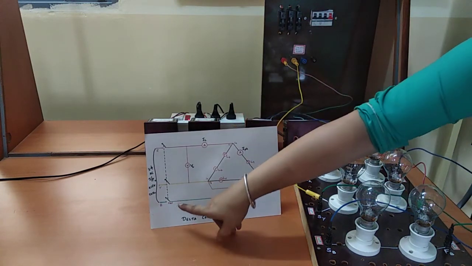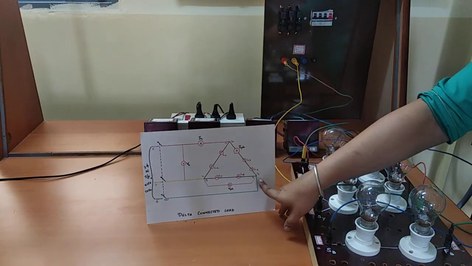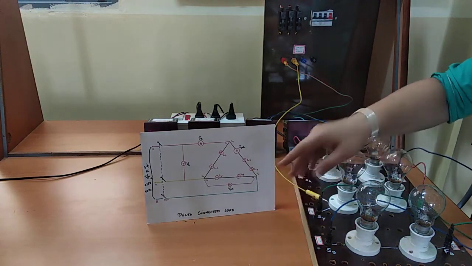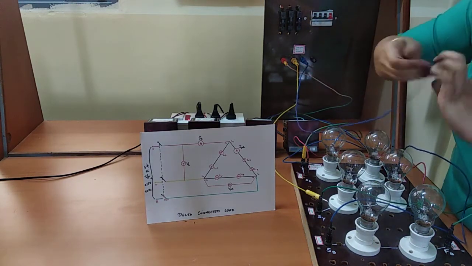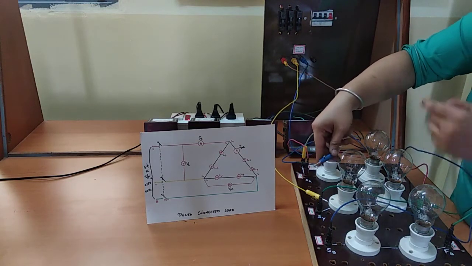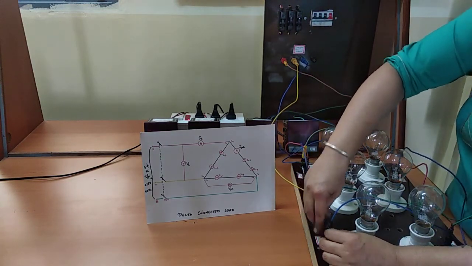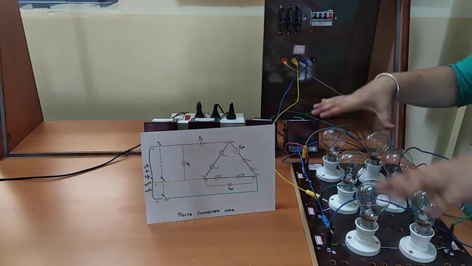Now from the B terminal after the TPST, we have the line that comes till SB and FR point. So I take another wire from the B terminal to the point where FB and SB and FR meet. So this is the point. So this is connected. So we have connected two ammeters in the circuit.